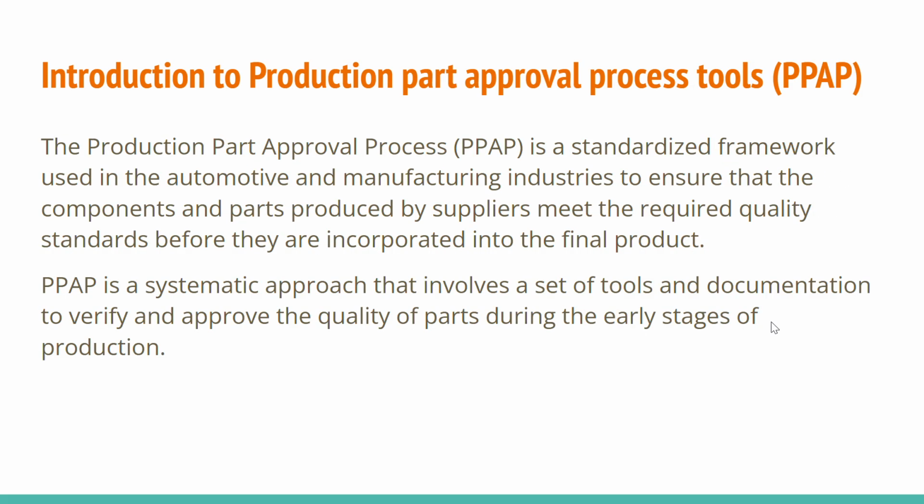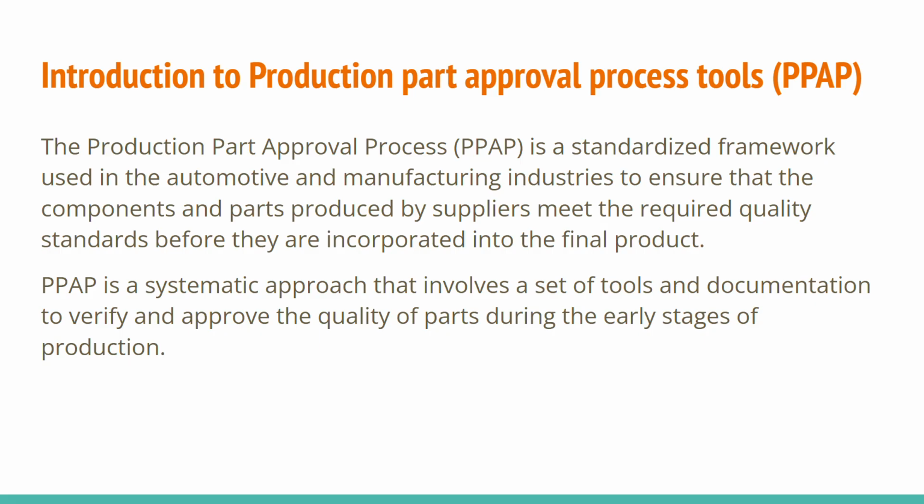So next is an introduction to production part approval process tools, meaning PPAP. The production part approval process, PPAP, is a standardized framework used in the automotive and manufacturing industry to ensure that the components and parts produced by suppliers meet the required quality standards before they are incorporated into the final product.